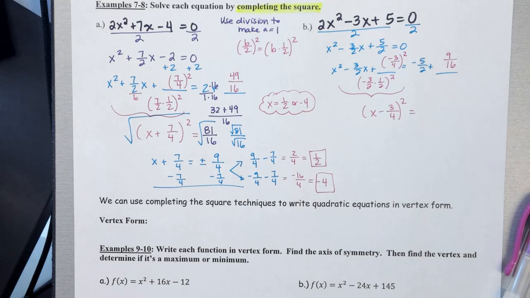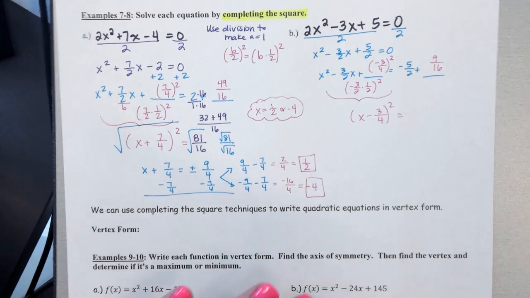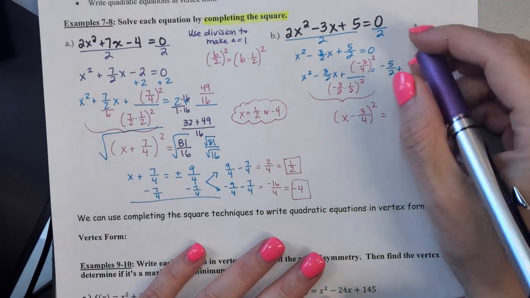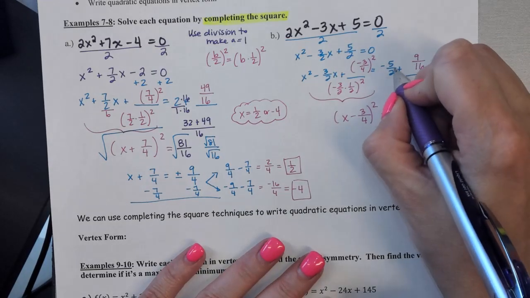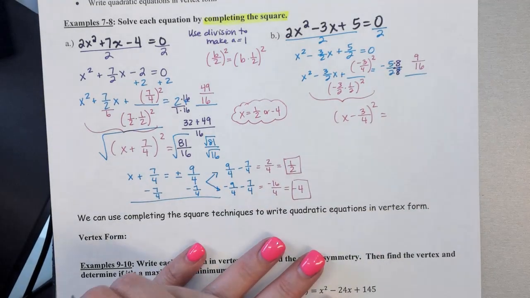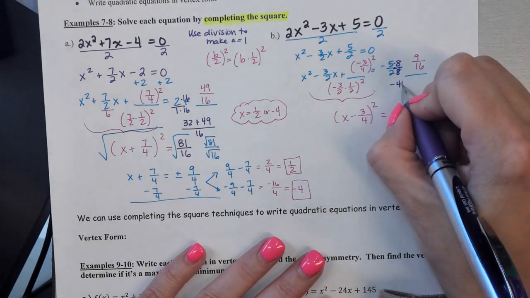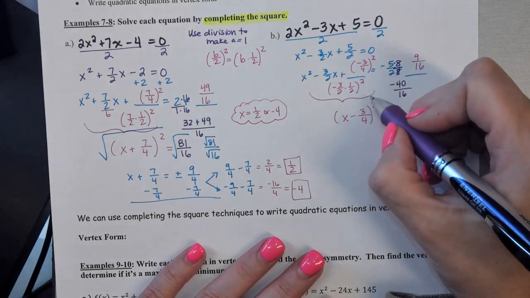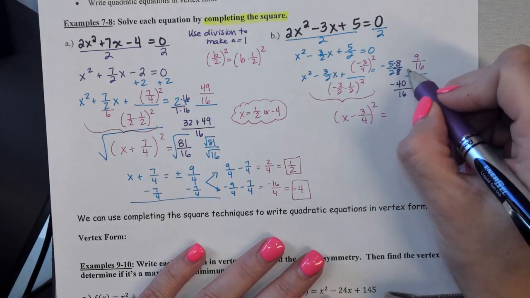And if you are having trouble getting a common denominator, I always like to ask myself, what do I multiply by 2 to get to 16? So I multiply by 8, so that's what I have to do to the top. So it's a negative 40 over 16, and then remember that this is your plus.